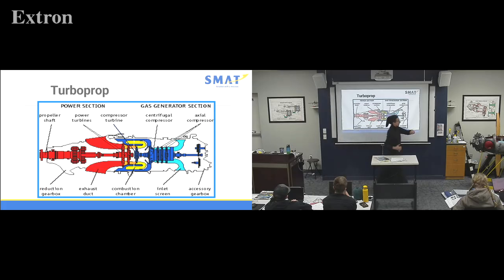So even though on the engine our intake is way back here, on the airframe you have this big old duct that does come out to the front, funnel that air to the back of the engine. And then the exhaust will be behind the intake duct on the airframe.